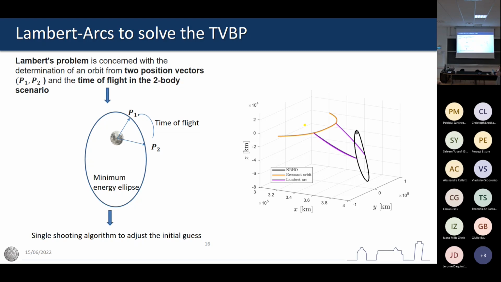The idea here is to use the Moon as the main body to find the minimum energy ellipse that passes through 2 points in a determined time of flight, and then to use a numerical method that is basically just a single shooting to correct this initial guess. And here you can find an example of what you get with this Lambert-Arcs procedure.